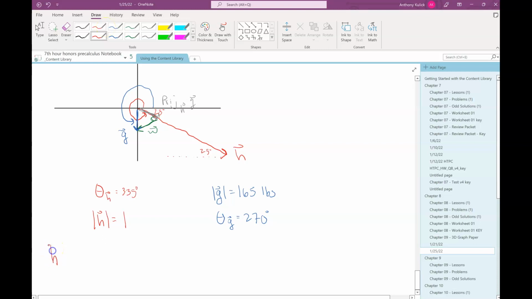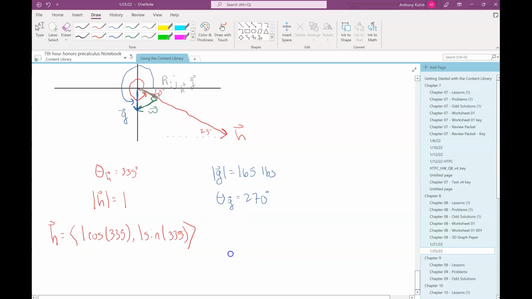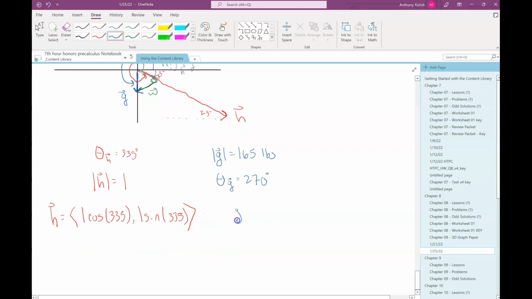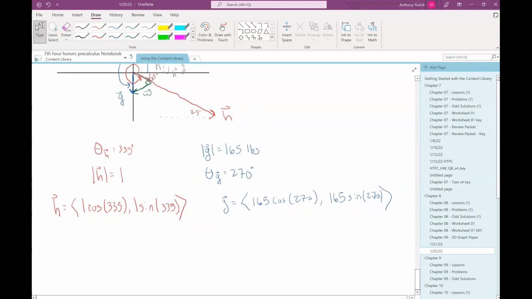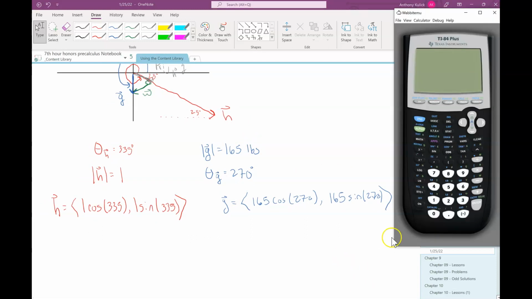My next step, now that I understand the situation, is to resolve these vectors H and G into component form, because all of my vector calculations are defined in component form. Everybody okay so far?